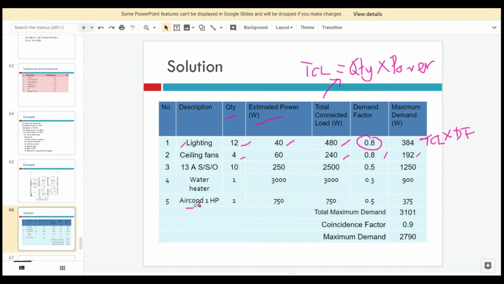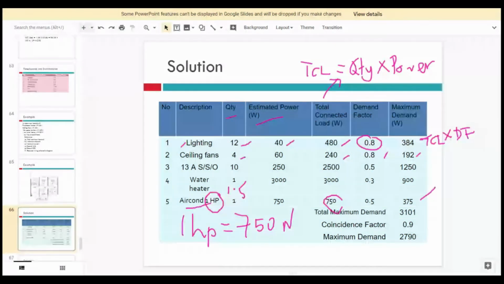And then aircon is 1 horsepower. So 1 horsepower equivalent, we assume 750 watt. That's why we do 1 times 750, so you get 750 watt. If this one is 1.5, then you have to do 1.5 times 750. Then you times with 0.5, you get the maximum demand.